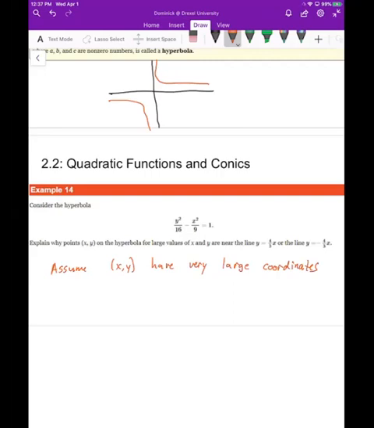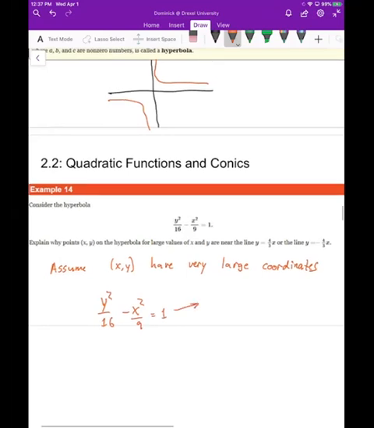Basically, if x and y are of course very large, then here's what happens. So look at y squared over 16 minus x squared over 9 equals 1, and then solve for y.